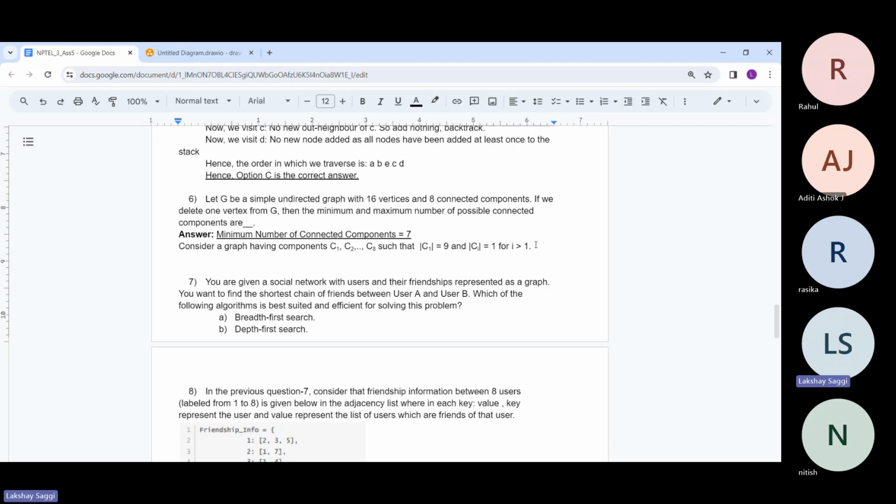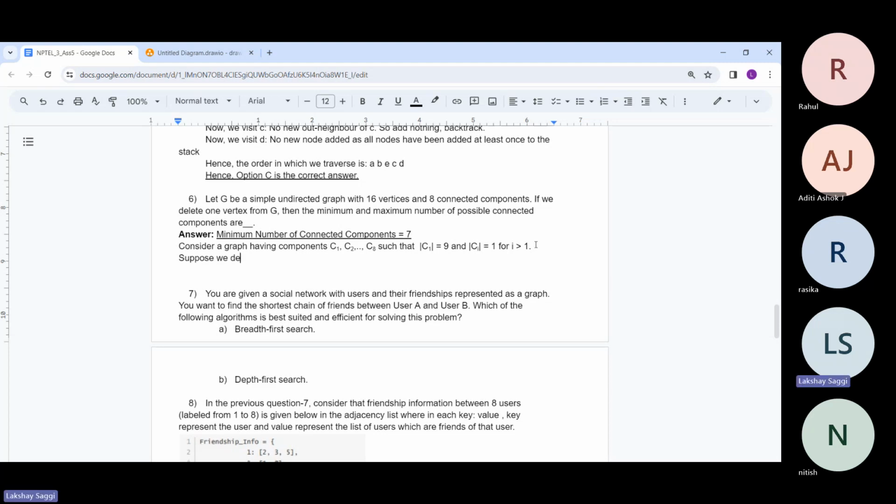Now let's suppose we delete a vertex from C2. What does this do? It essentially removes the whole component, because C2 just consisted of a single vertex, and now we are deleting that vertex as it is.